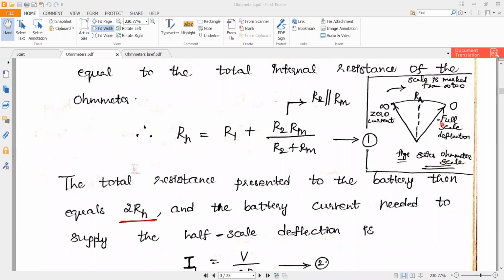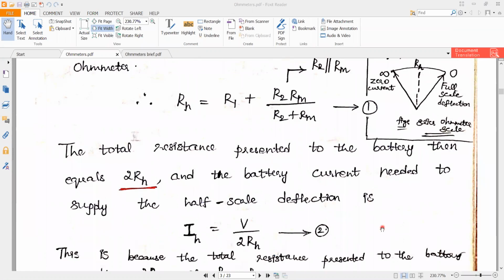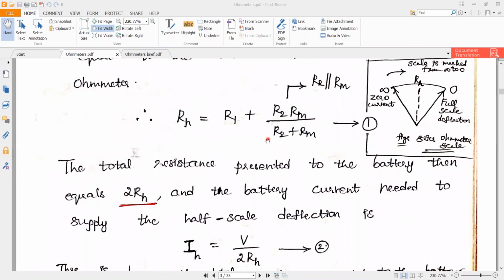By combining the total scale, the resistance can be given as 2RH here, and the battery current needed to supply the half scale deflection is given as IH is equal to V by R. In general, the flow of current is I is equal to V by R. Here I am going to take the total resistance, which is 2RH. Therefore, IH is equal to V by 2RH. Please note these equations.